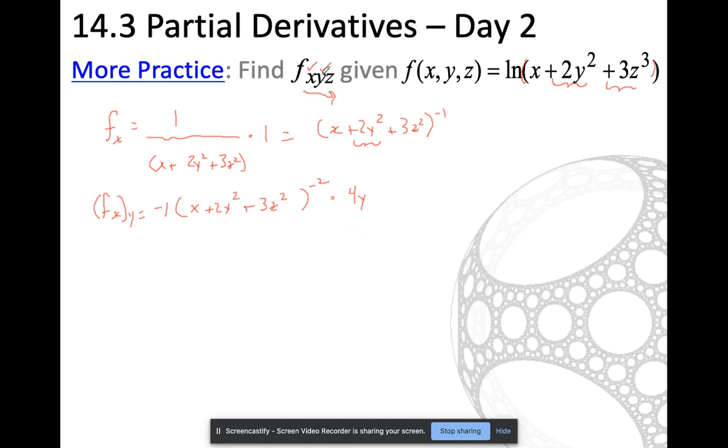right? Check. Now I have to take the derivative of that with respect to z. So what is that? Well, with respect to z, here's the only thing that has a z in it, right? So this is really just negative 4y times all that stuff to the negative 2. Now remember, there's a z thing in here, though. I have to worry about. Bring down the negative 2. Copy over the stuff to the negative what?